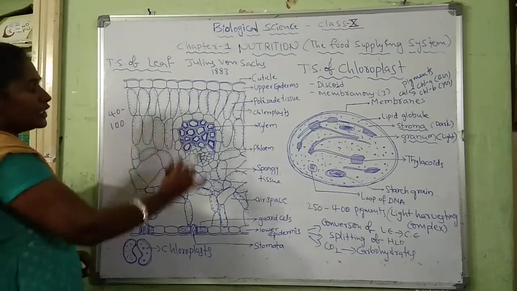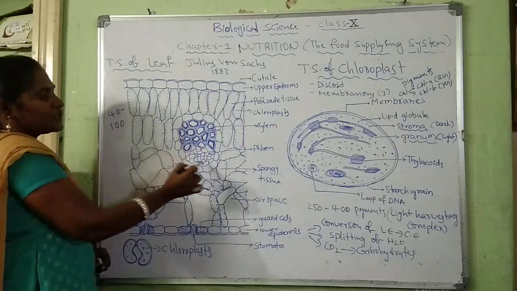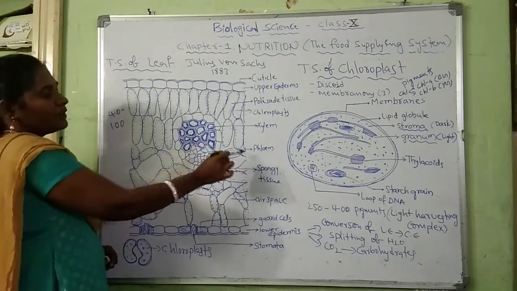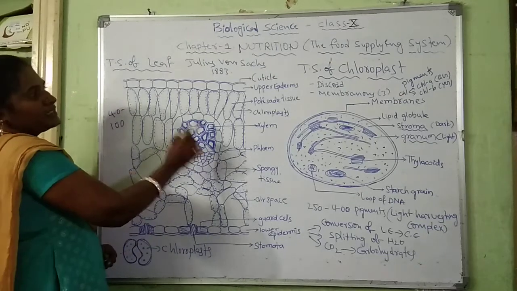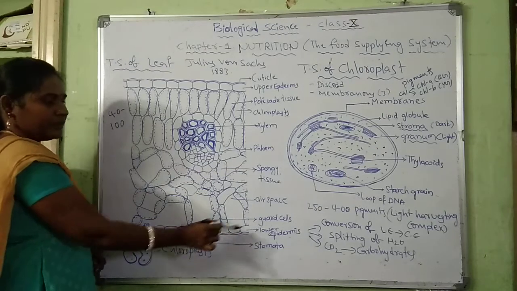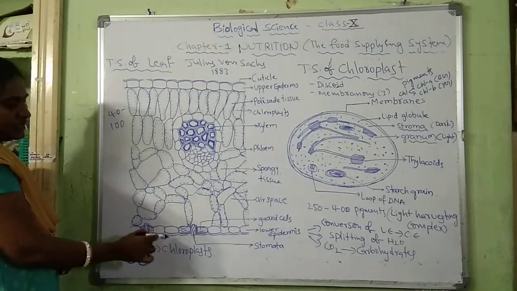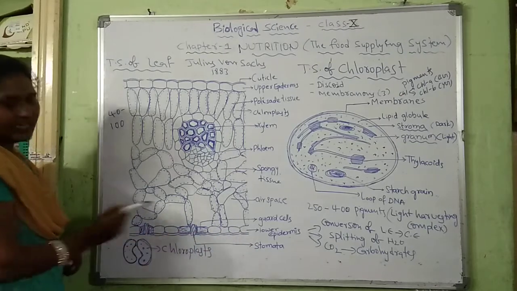In the middle of the leaf there is vascular tissue. In the vascular tissue there are xylem and phloem. Xylem is present towards the upper epidermis and phloem towards the lower epidermis. And there are stomata present on the epidermal layers.